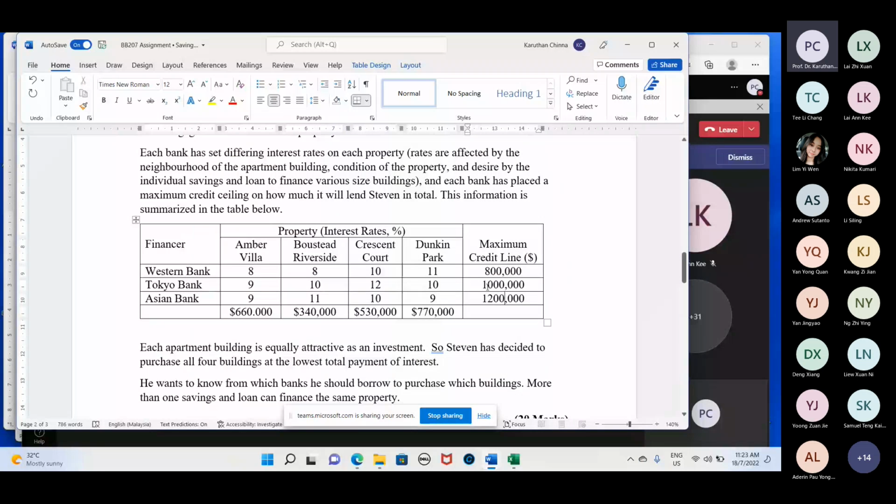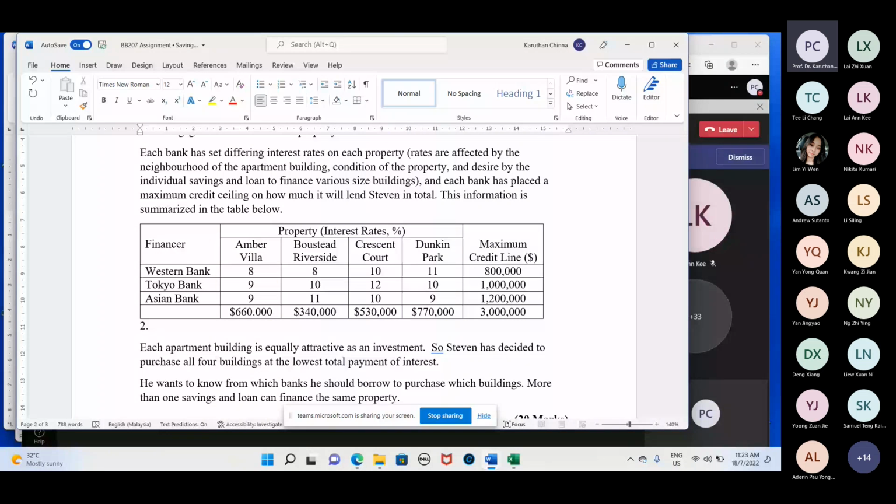Okay, how much is the total credit limit? 3 million. How much is the property cost? 2.3 million.